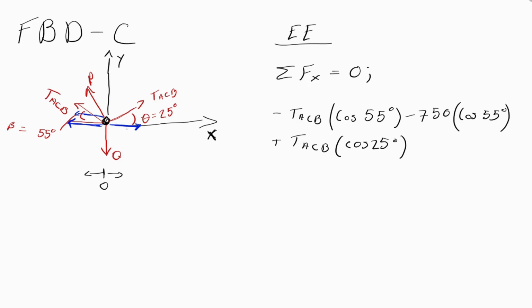Again, the cosine is because this one is the adjacent, and we're doing hypotenuse times the cosine of the angle, if it makes sense. So all of this equals 0.